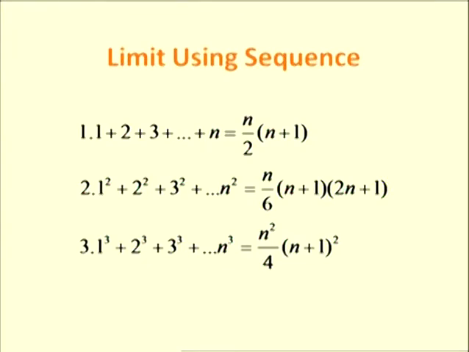Now we will use the second one, that is 1 square plus 2 square plus 3 square up to n square, and the formula for the summation is n by 6 into n plus 1 into 2n plus 1. So now look at this.